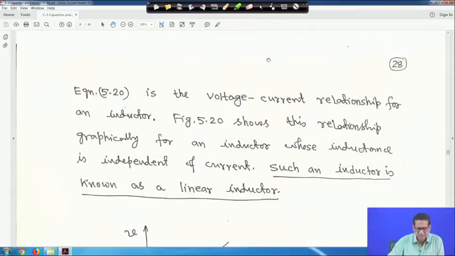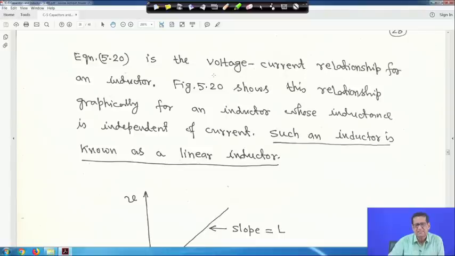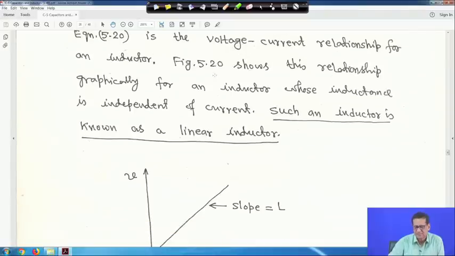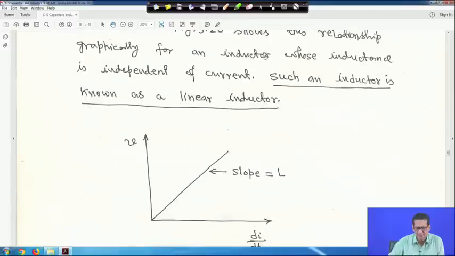Equation 20, V is equal to L into di by dt, is the voltage-current relationship for an inductor. This figure shows the relationship graphically for an inductor whose inductance is independent of the current, like the capacitor, where we saw I is equal to C into dV by dt. Such an inductor is known as a linear inductor.